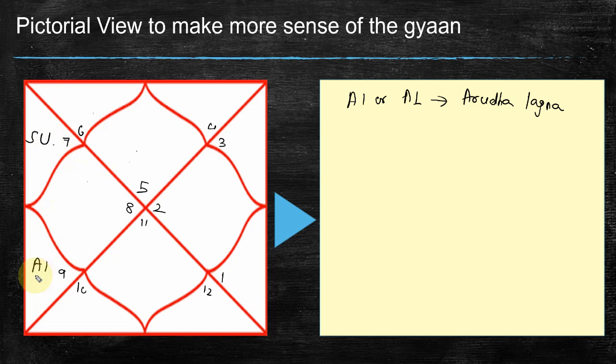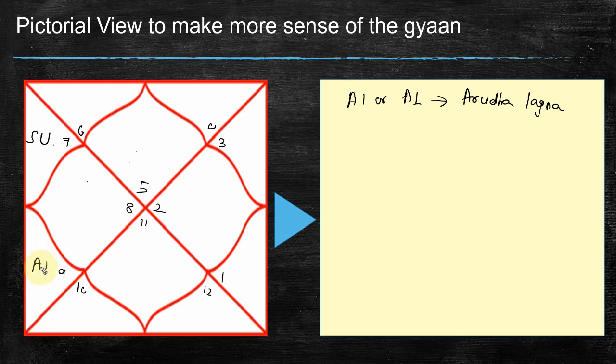What I did is look at the position of the lord of a particular house from that house. In this case, the lord of Leo, which is Sun, is 3 houses away from it, and then from that house you have to count an equal number of houses. So another 3 houses from the Sun, 1, 2, 3. Now this particular point is A1, or the Arudha Lagna.